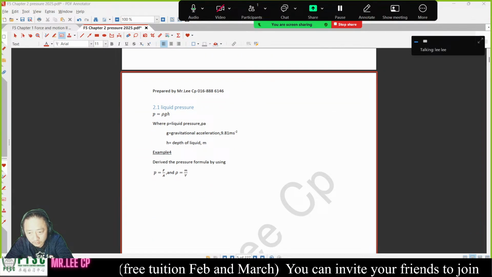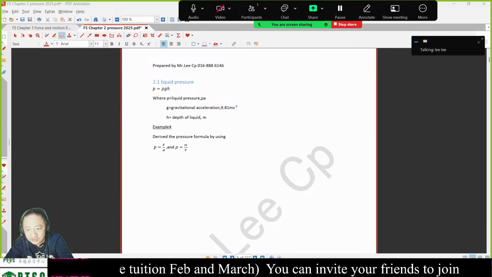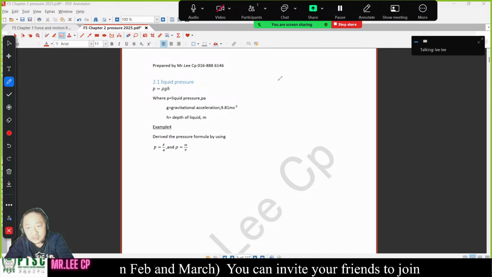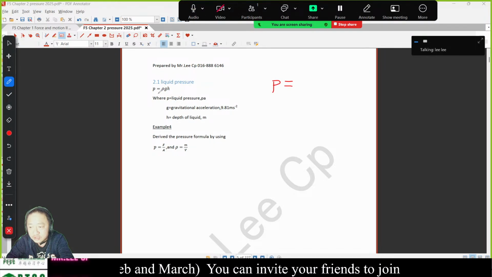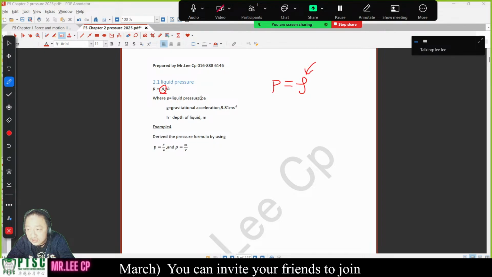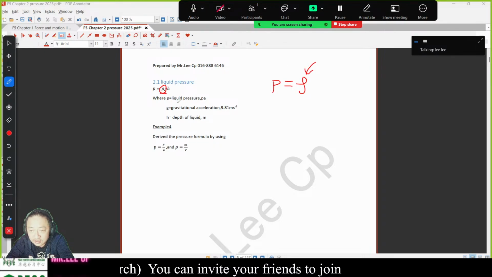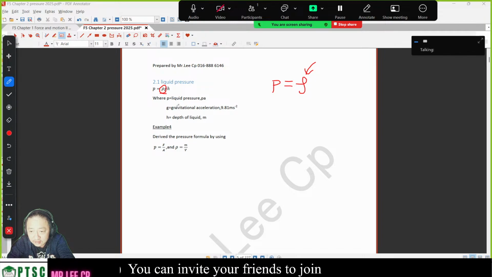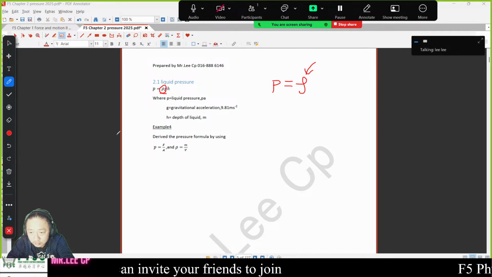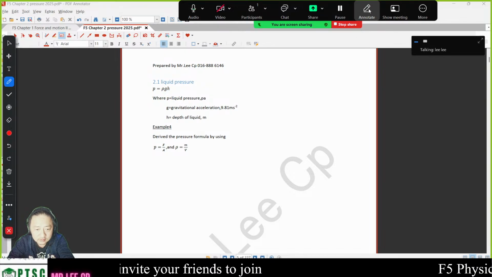So we are going to focus on liquid pressure. Pressure is equal to rho g h. Rho is density.